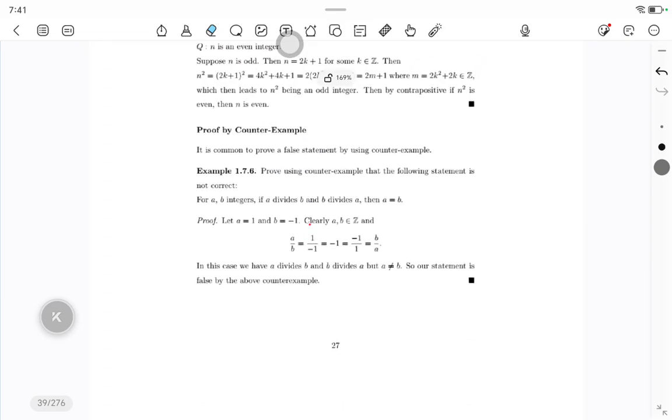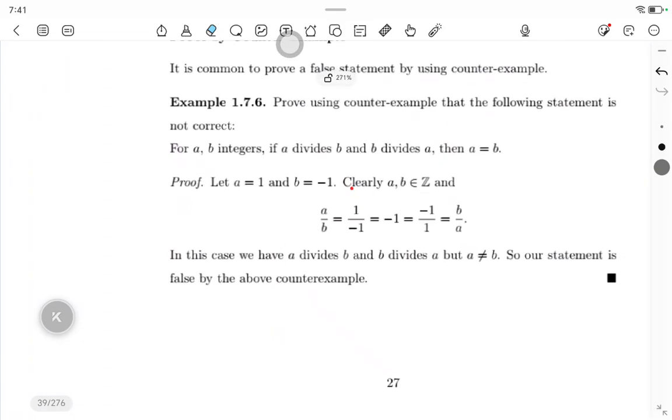But if we check here, after writing a divides b and b divides a, and letting a be 1 and b be -1, we realize that indeed they divide. Remember, when something divides, it won't leave a remainder.